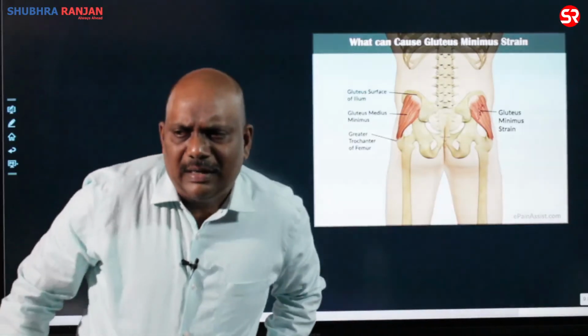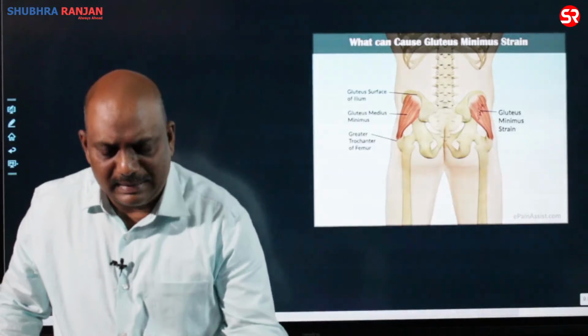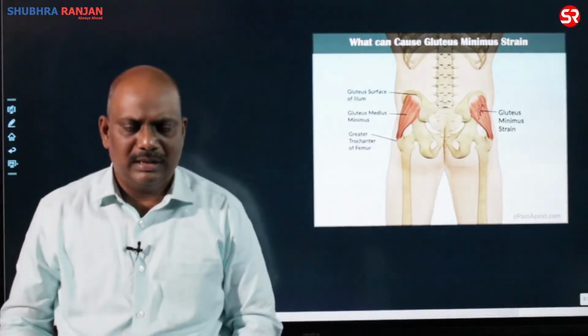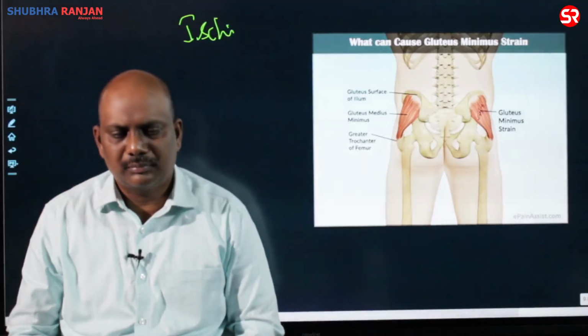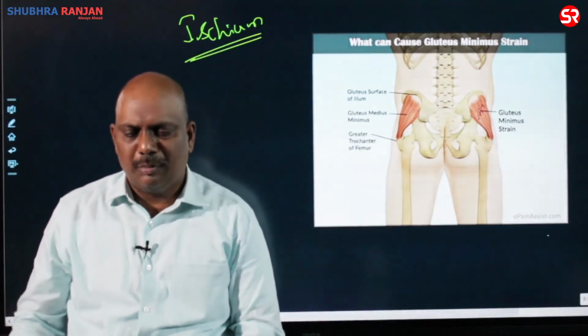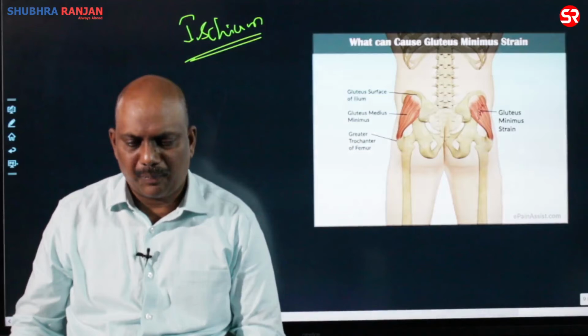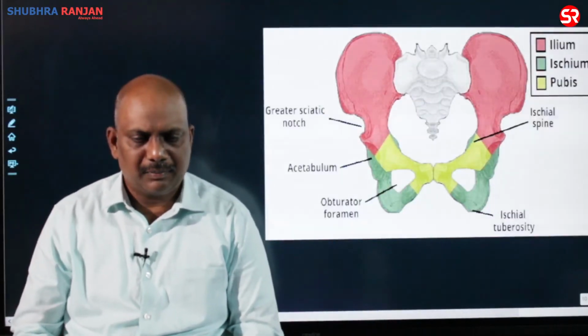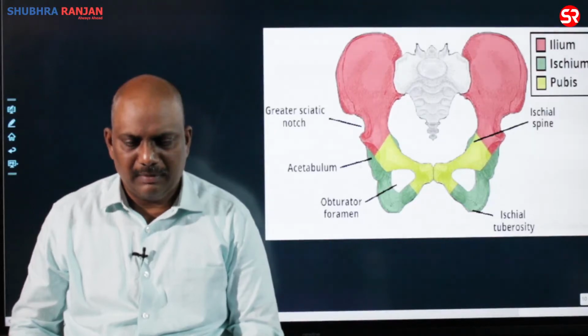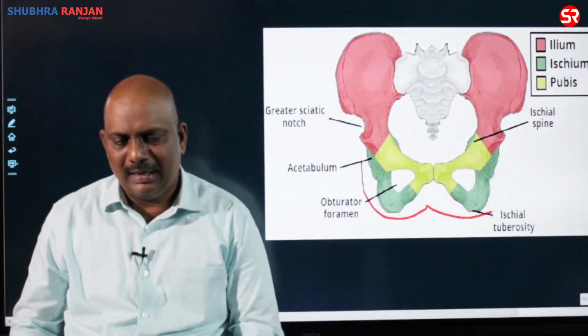As a result, one more thing also is there. There is one particular bone called ischium or ischial tuberosity. These are pelvis bones, the one in green color.